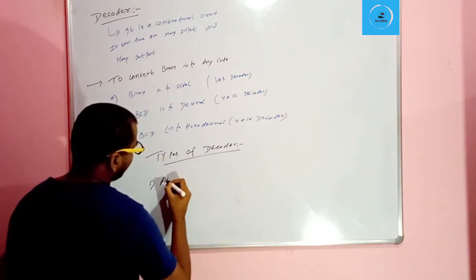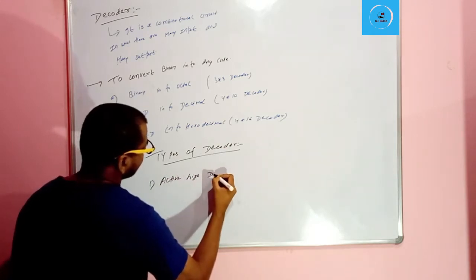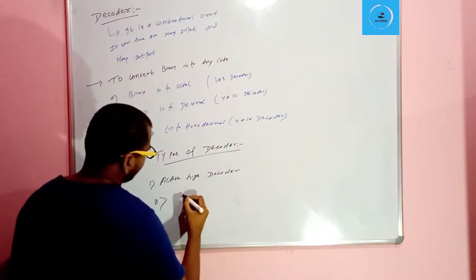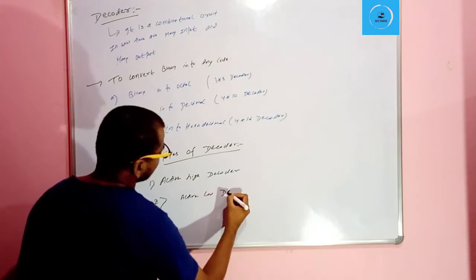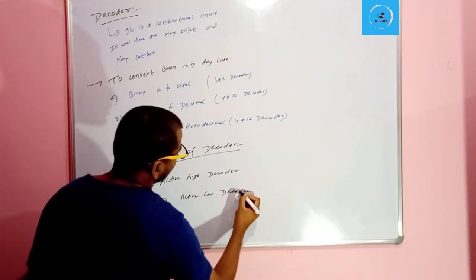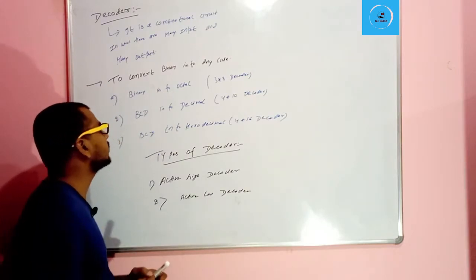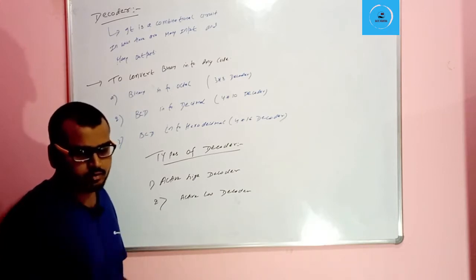First is the active high decoder, and the second one is the active low decoder. So what are the active high and active low decoders? We are going to see one by one.